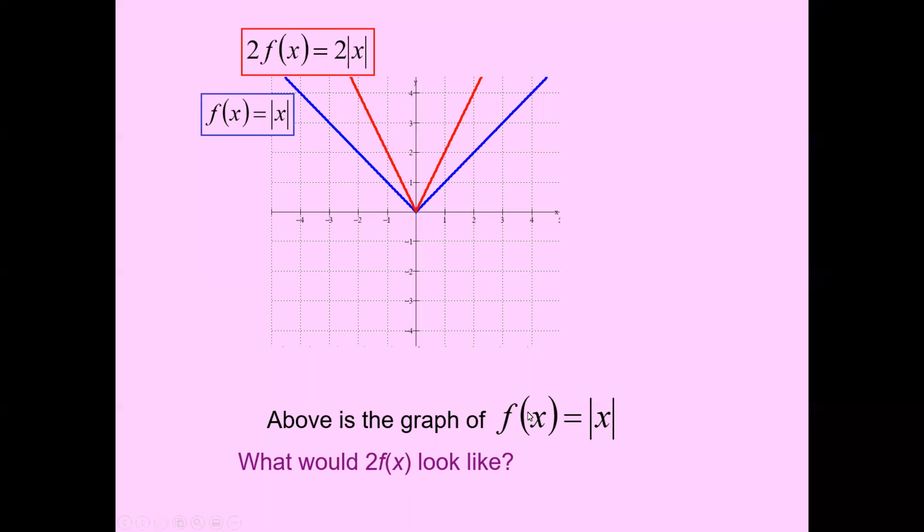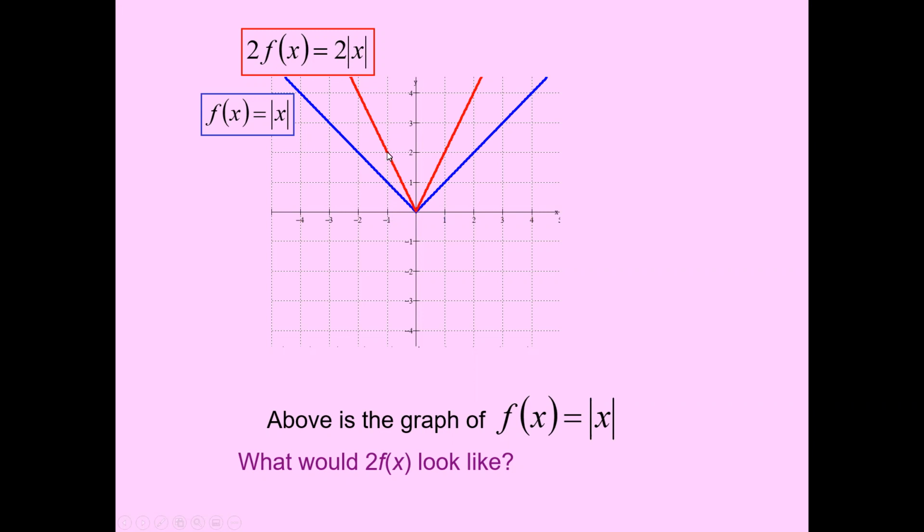Okay, so you're going to see the red color graph. I kind of want to show you why, because when x is -1, my y value is 1. The y value is 1, but I'm going to be multiplying that y value by this 2 on the outside.